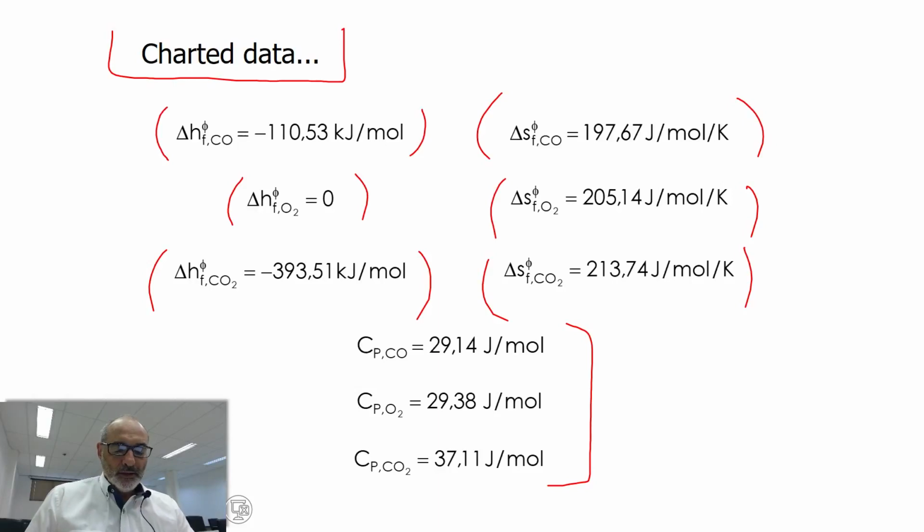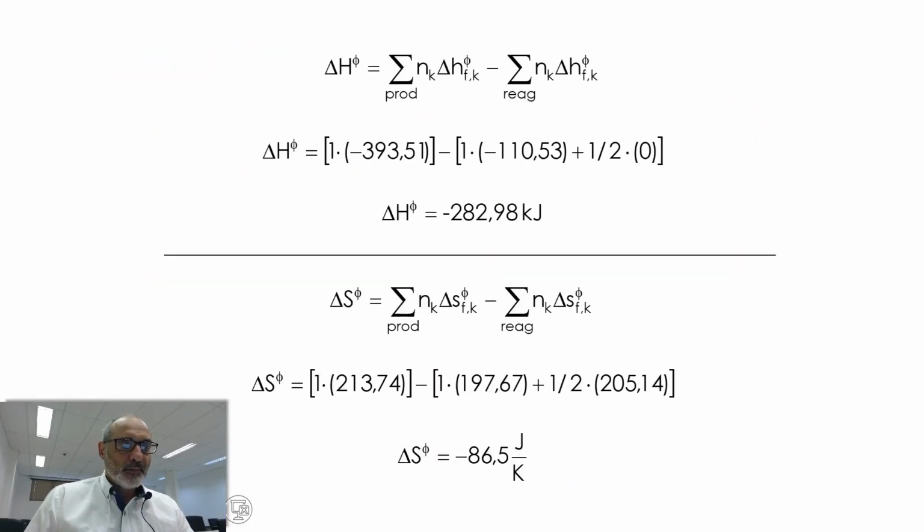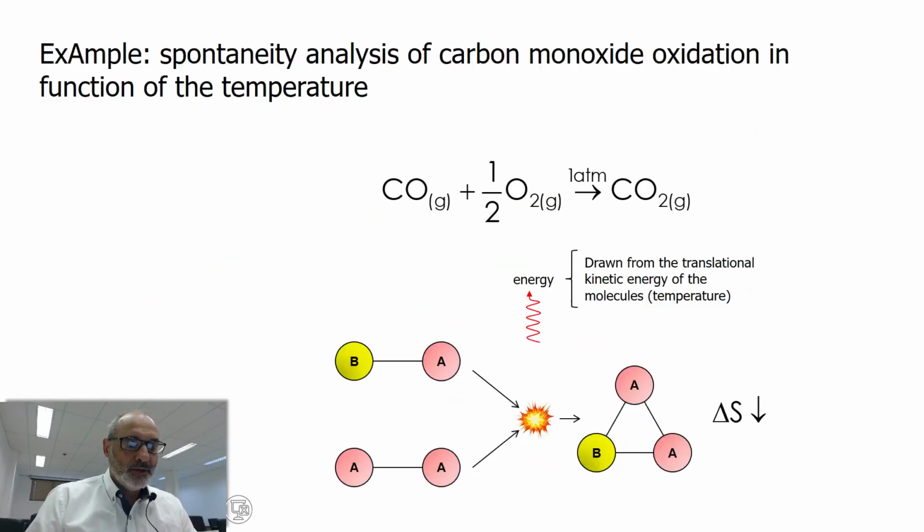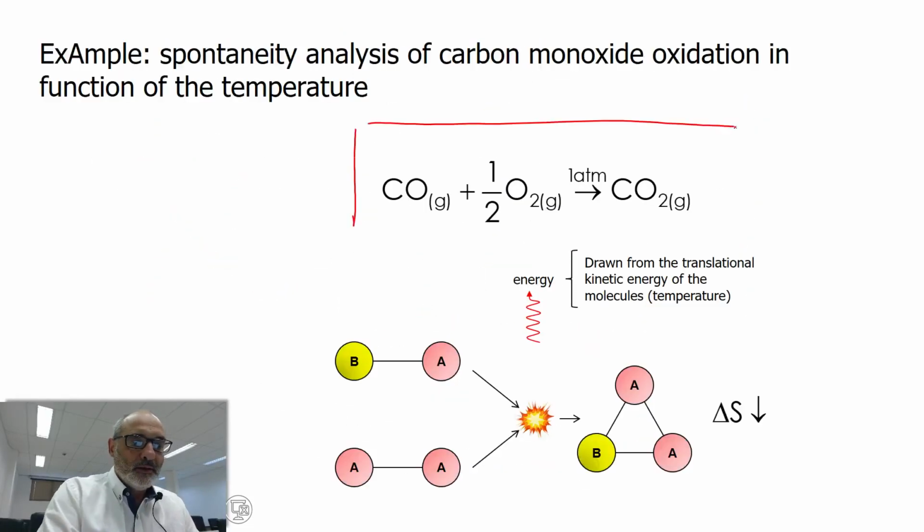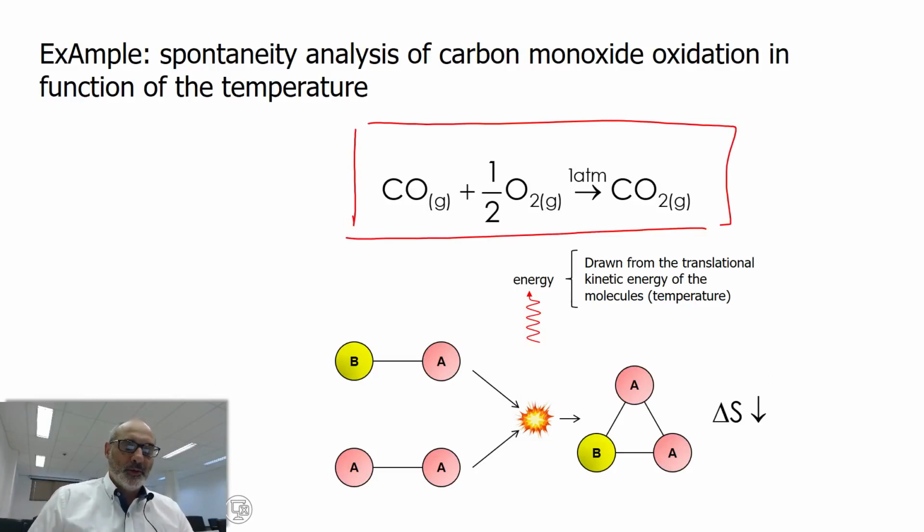Okay, so let's use this data and calculate all terms of Gibbs free energy. When we replace our data, so this number 1, let me go back to the equation. You must think in terms of this equation here.